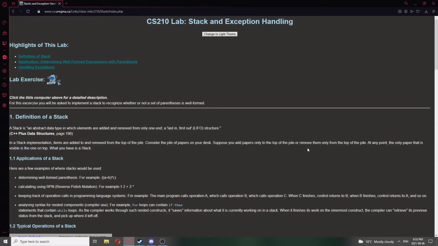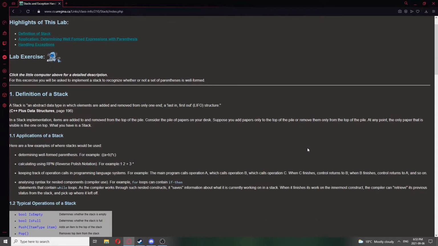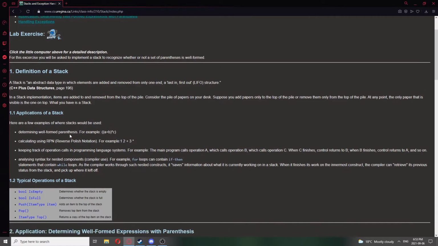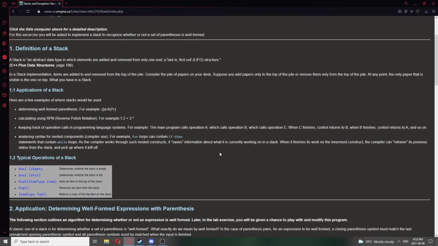Now, stacks are a little bit more niche than having just a list container, but one use they have is determining well-formed parentheses. They see a lot of use in different forms of math, such as reverse Polish notation as well. And compilers use stacks to keep track of operation calls, recursion, and just most things involved with programming use stacks.